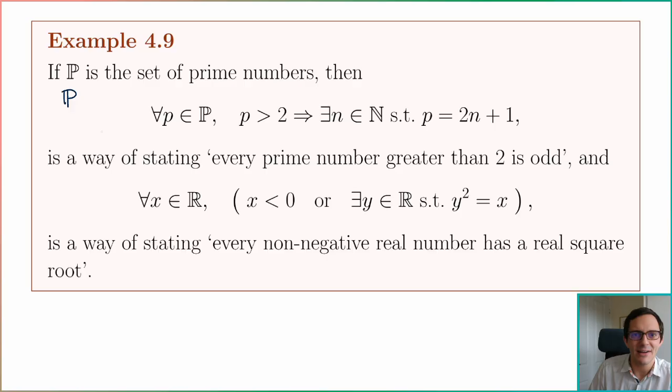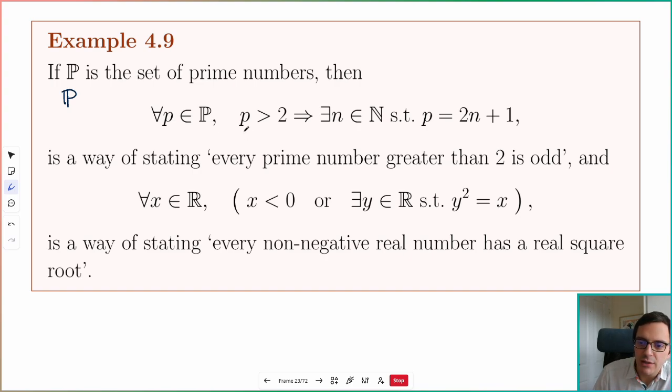But we already use blackboard N, Z, Q, and R, so I thought for the set of prime numbers, maybe we'll use blackboard P. Anyway, for all primes, which I've written as for all p in the set P. And then I've written this out as, if p is greater than 2, then p is odd. So this bit over here, there's an implies sign here. So I say if p is greater than 2, then.